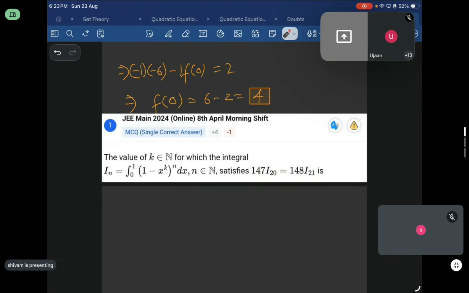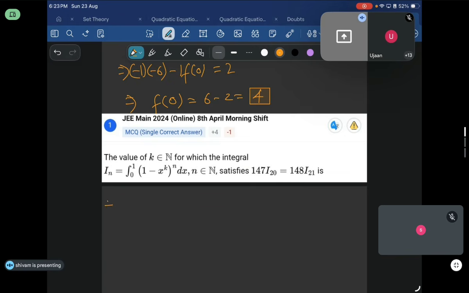So because 140 minus 1 equals 147. I understand. So you might get that kind of relation, but there will be another coefficient. They are asking us to find that coefficient. Anyways, by looking at the expression, we need to find the relationship between In and In minus 1. You can understand.